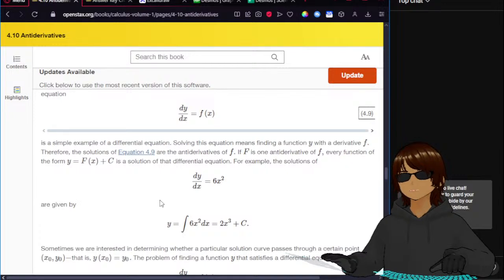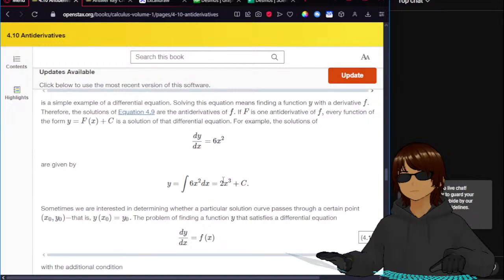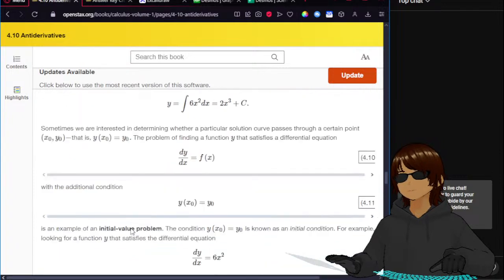For example, the solutions are given by 2x cubed plus c. Sometimes we are interested in determining whether a particular solution curve passes through a certain point.